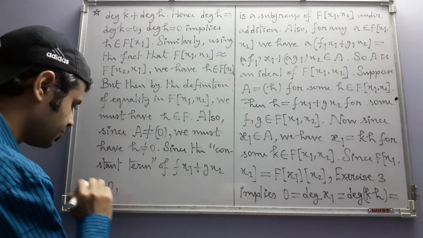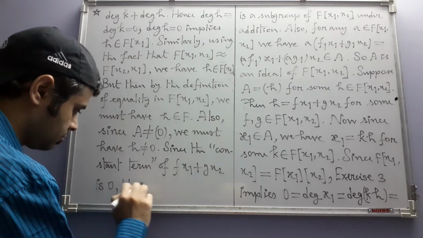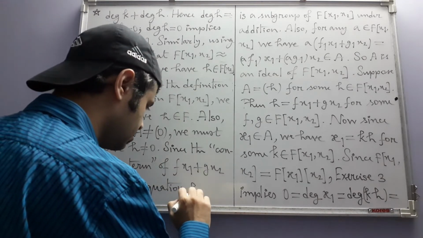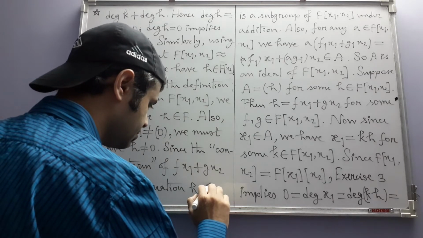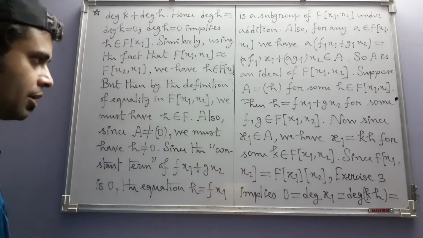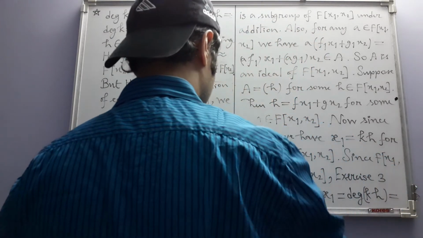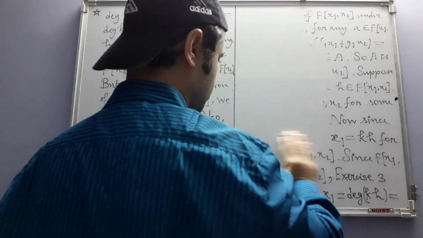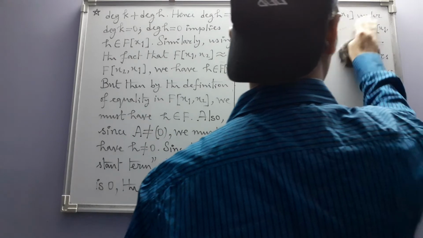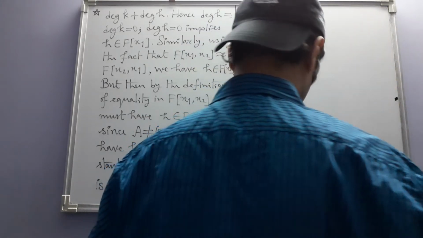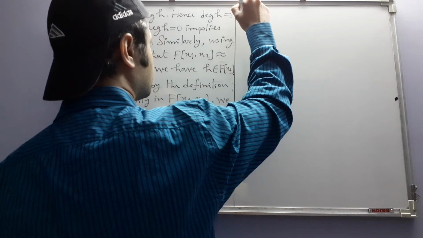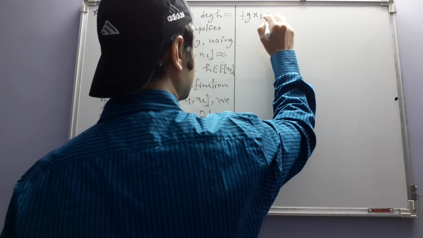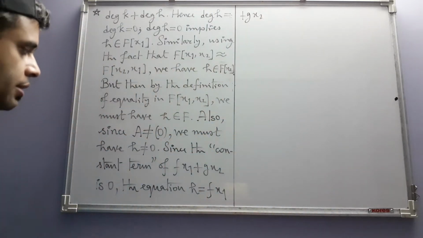Since the constant term of this is 0, the equation h equal to f x1 plus g x2, what can we write? It produces a contradiction.